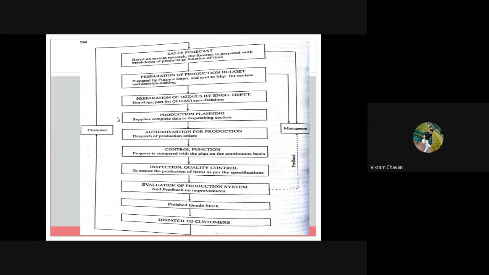Whether you understood what is meant by production procedure or production cycle? Yes, please. Any problem?